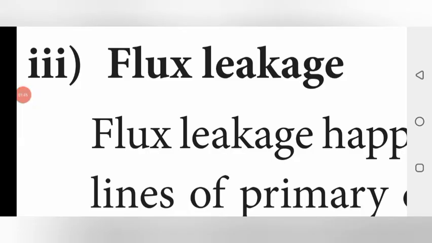Then the last one is flux leakage. Flux here means the magnetic flux produced by the primary coil. When the primary coil produces magnetic flux, the same amount is not linked with the secondary coil.